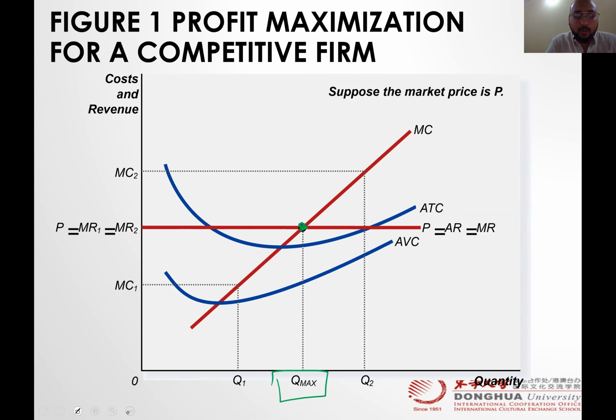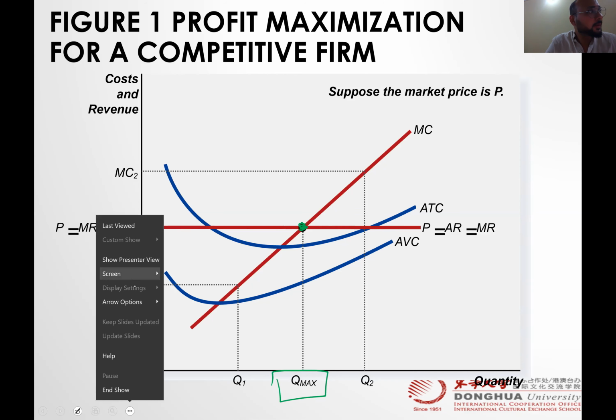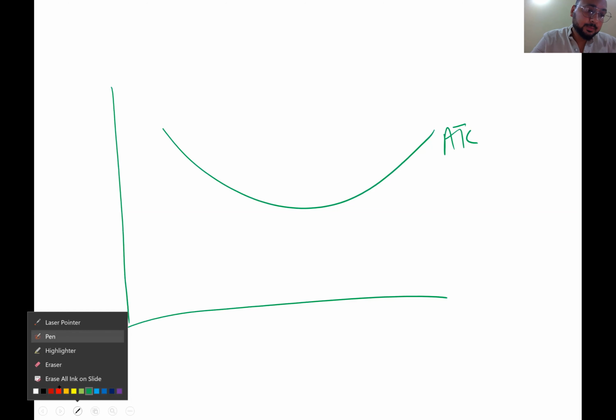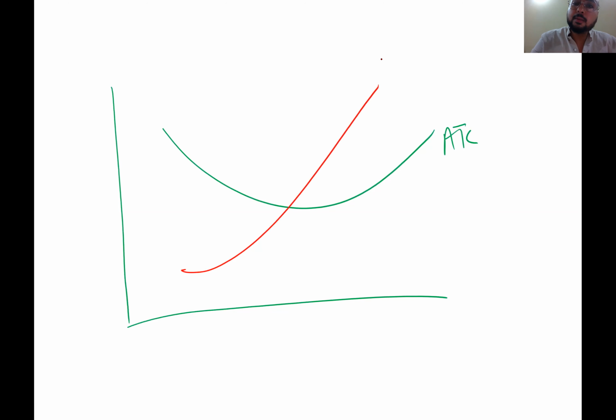So let me draw one more time. And this time I will be a little bit quick. So this is the average total cost. And this is the marginal cost.